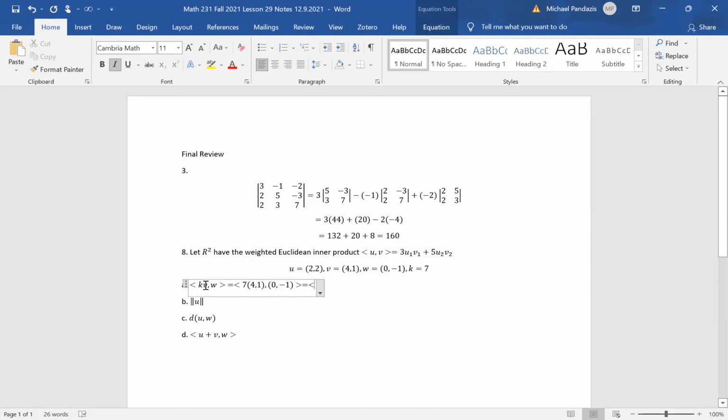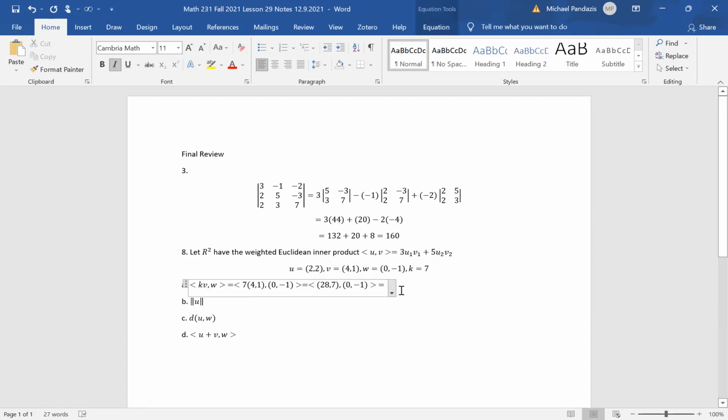So right now I just plugged in the values. 7 times 4 comma 1 is what it would normally be, which is 28 comma 7. And then you take the inner product of that with 0 comma negative 1, and this inner product is defined by this weighted Euclidean inner product. The first weight is 3 and the second weight is 5.